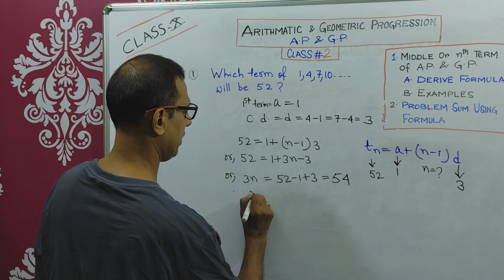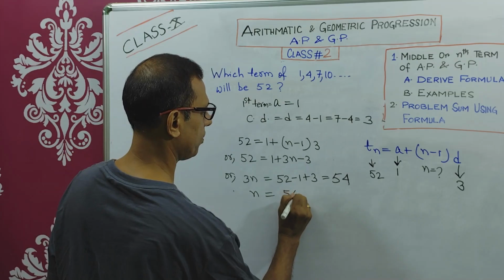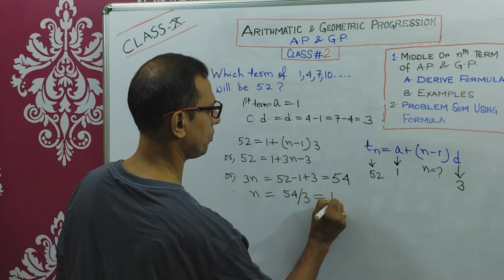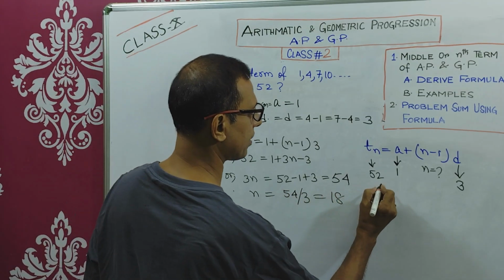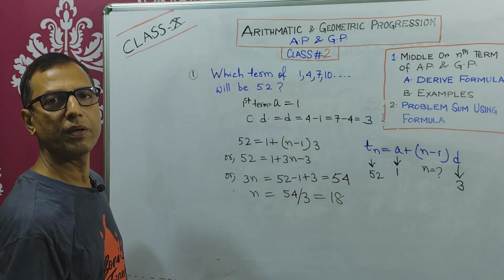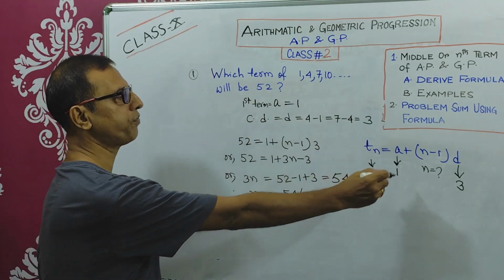Therefore n equals 54 by 3 equals 18. So the 18th term will be 52. That is the use of the formula.